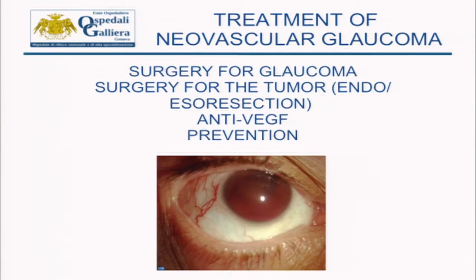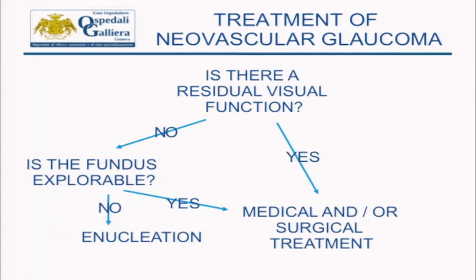And of course, we can think about what we can do when we have neovascular glaucoma. It is evident that, as we can see, there are different aspects of neovascular glaucoma. Sometimes the patient arrives late because normally the general ophthalmologist who follows the patient tries to treat before sending the patient with neovascular glaucoma.